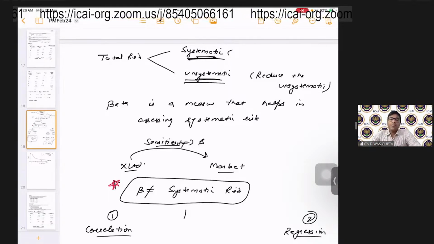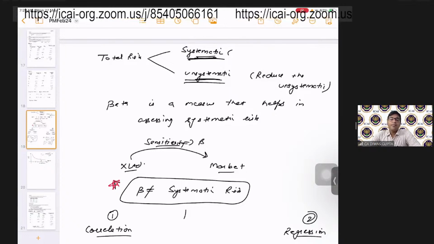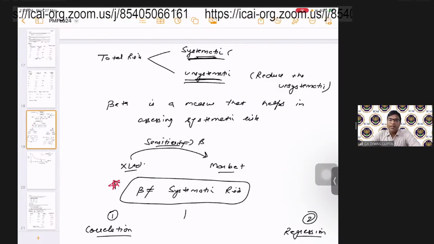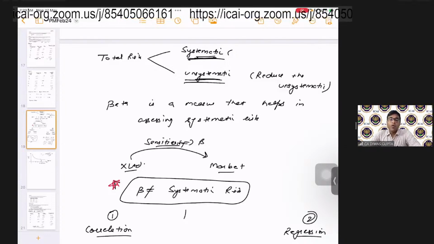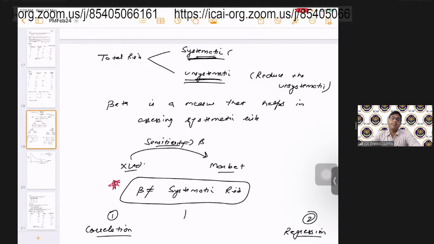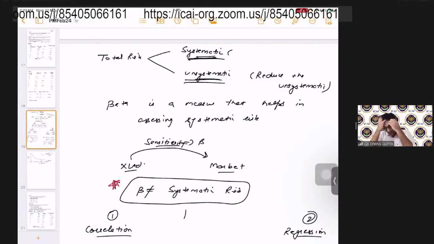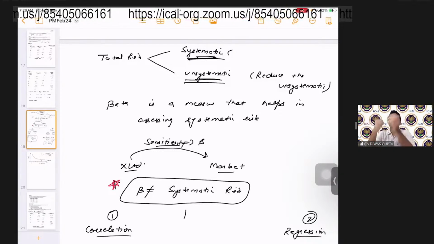So we understood that beta is basically the sensitivity. Now, what we also understand is the systematic risk, students. Systematic risk is that of the market put together, or the macro level.